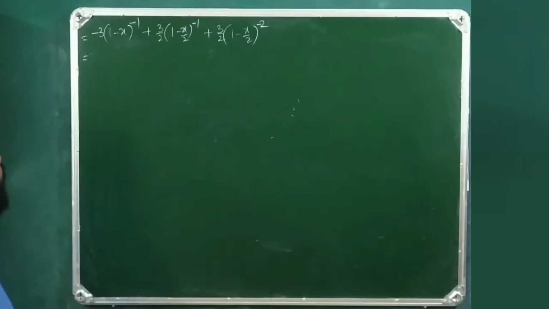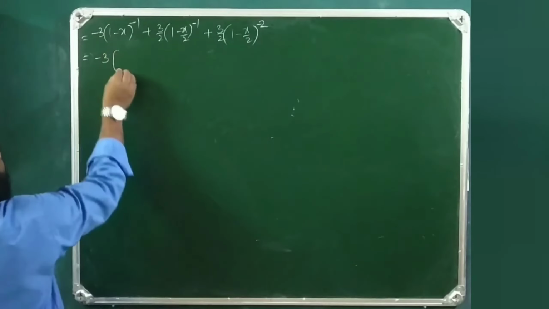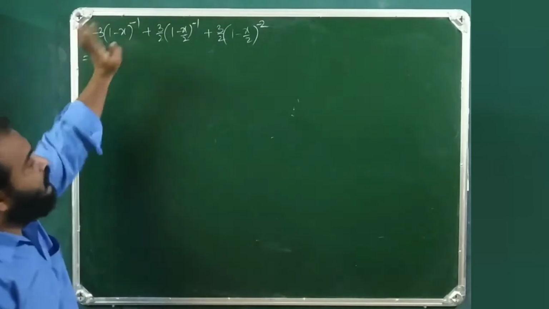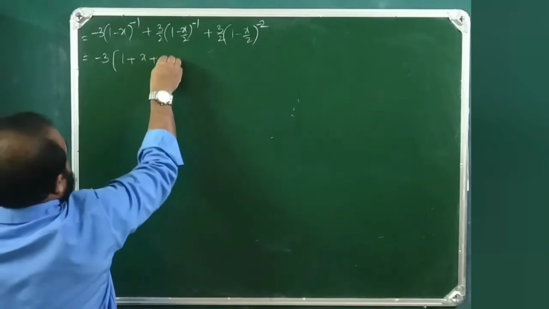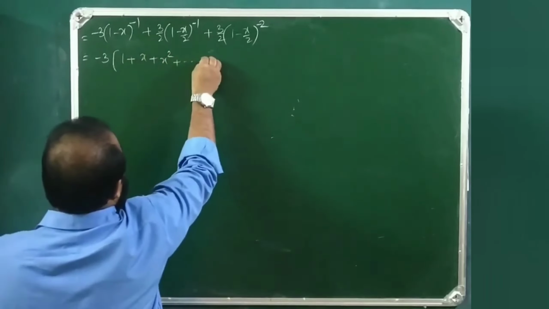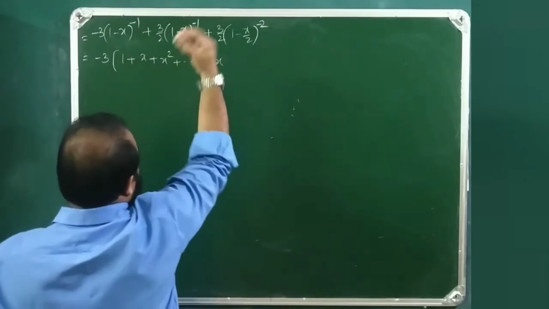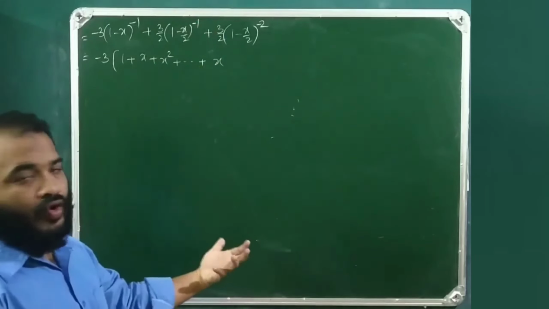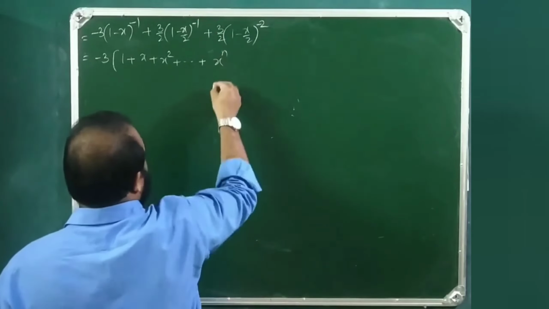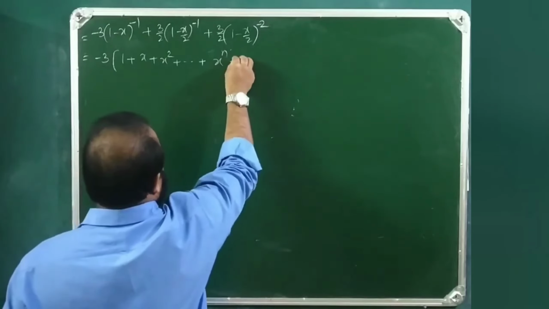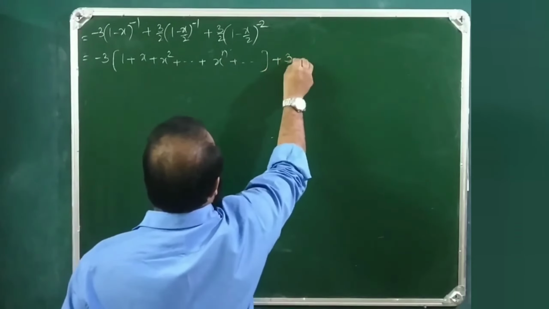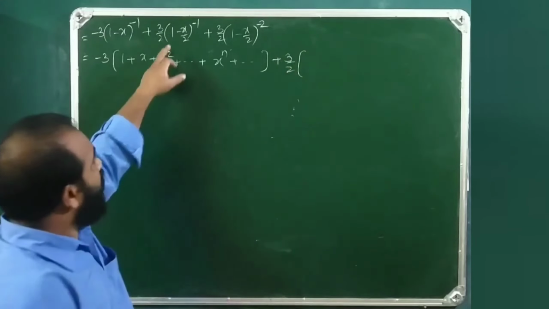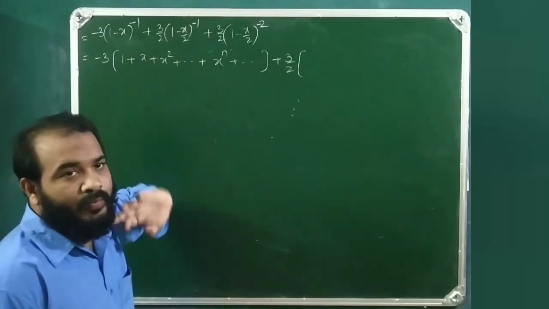This is equals to minus 3 into 1 minus x whole power minus 1, which is 1 plus x square plus etc. plus, the coefficient of x power n we want, therefore this is x power n, plus and so on, plus 3 by 2 into 1 minus x by 2 whole power minus 1.